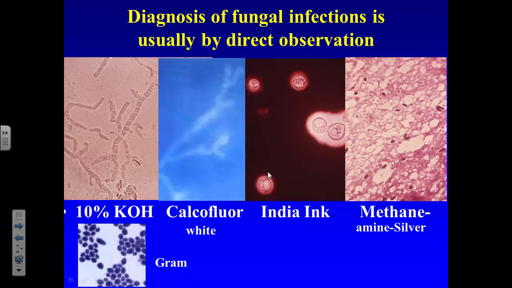Okay, so when we are diagnosing fungal infections, we still mostly do it via observing the fungus in infective tissue. This can be done in the case of skin, if we're looking at skin fungi, by treating the skin with sodium or potassium, usually potassium hydroxide, 10% for about 10 or 15 minutes.